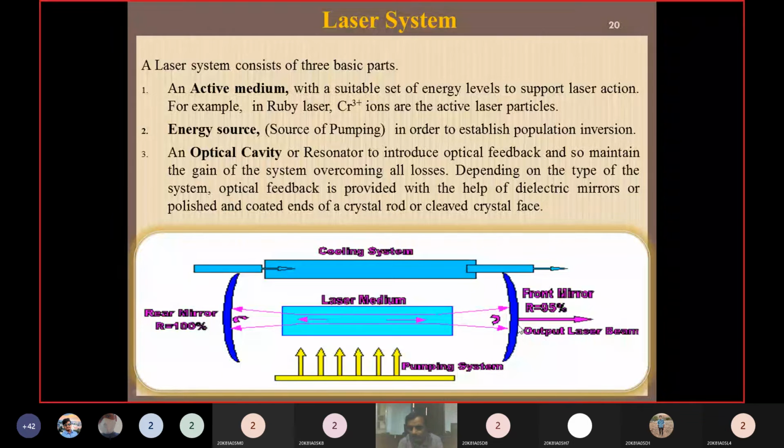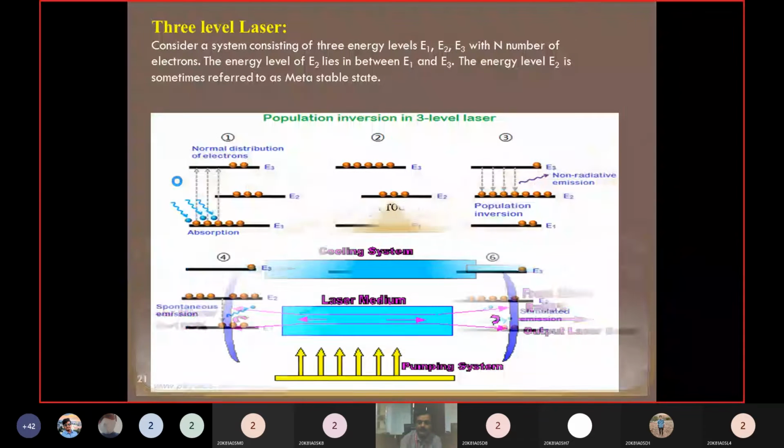Instead of these mirrors, we can also use a polished surface, dielectric materials. The polished surface will reflect back whatever light is incident on it. So this is the optical cavity.